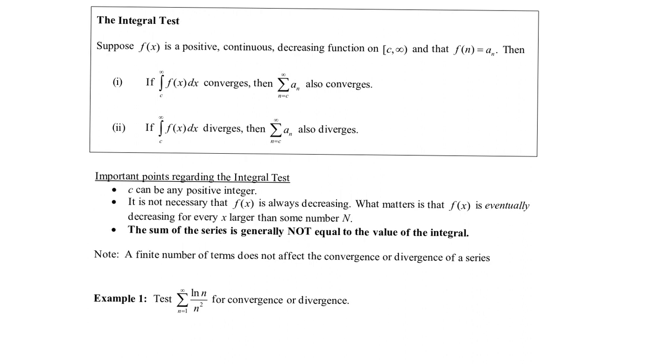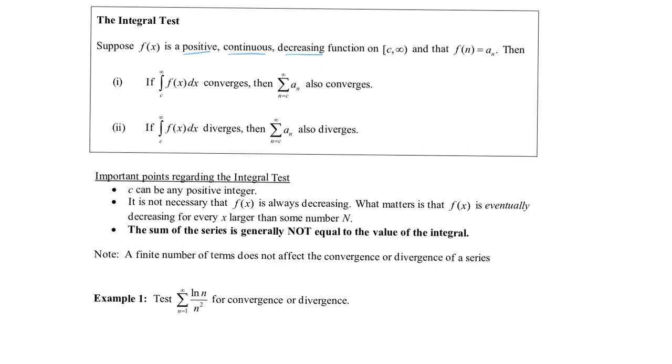We do have to check these things. We are going to have to check to make sure it's positive, continuous, and decreasing. Otherwise, we won't be able to use the test. But then it works like this. If this integral converges, then the related series also converges. And if this integral diverges, then the related series also diverges.